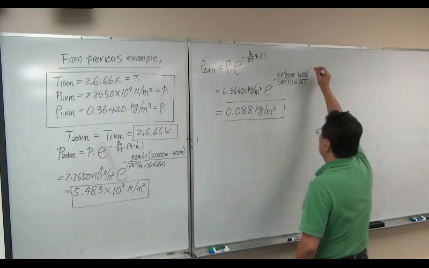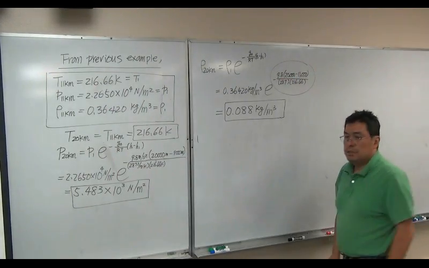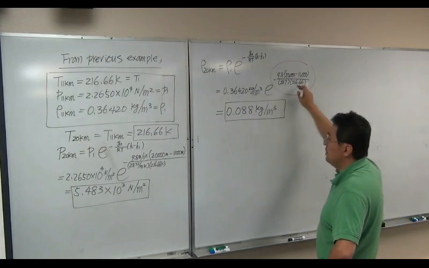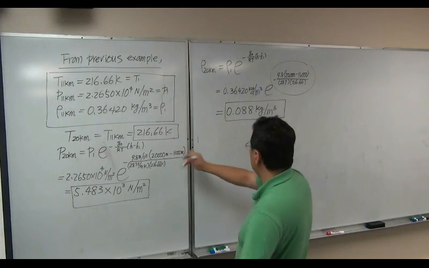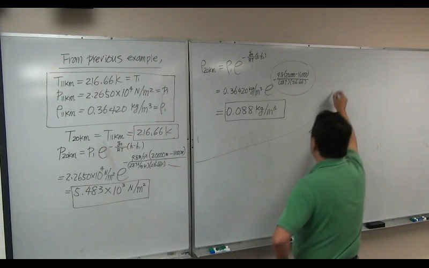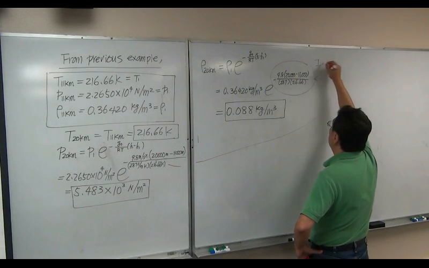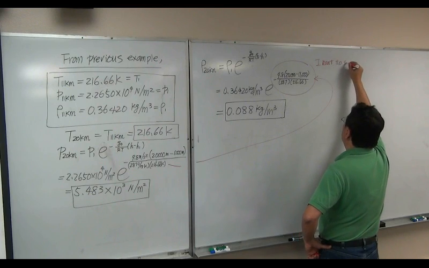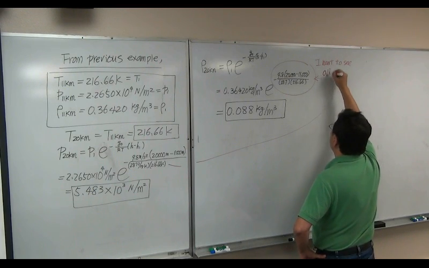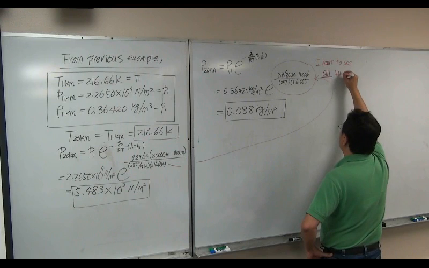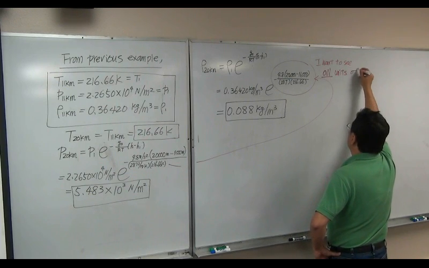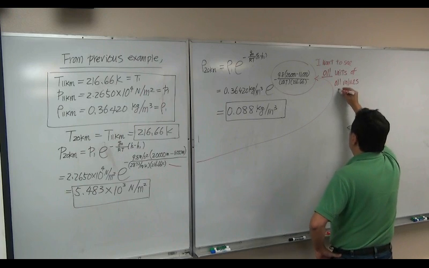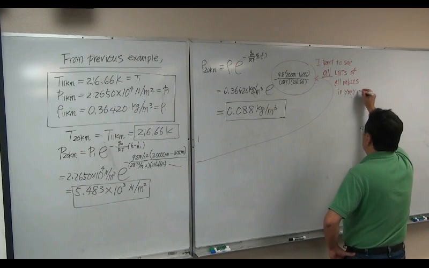One thing. I don't want to see you guys doing this, skipping the units. I'm just skipping the units here because everything is the same. I want to see all units of all values in your equation.